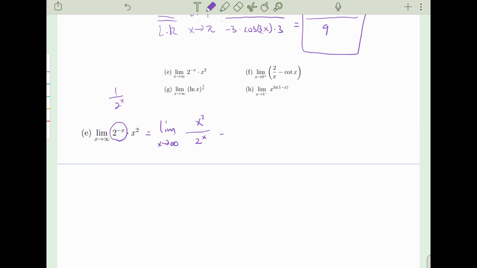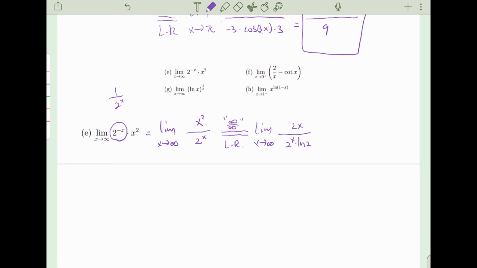I can plug in infinity, right? And see both the top and the bottom are going to infinity. So it's infinity over infinity type. I'm allowed to use the L'Hopital rule for this reason. So I take the derivative of the top and the bottom. I have 2x divided by 2 to the x times ln 2. Right?